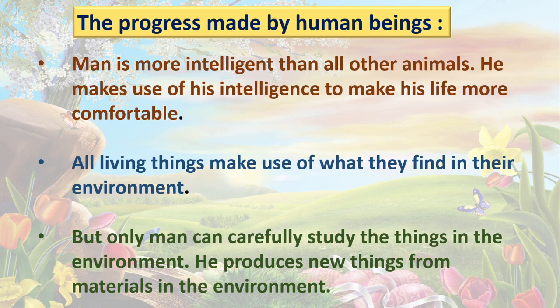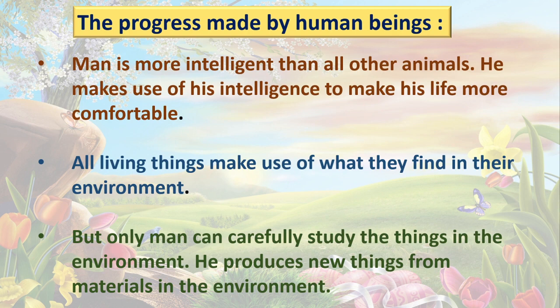But here the man, the intelligent animal, what he makes? He collects the fruits and he converts that into the juice or the jam, or he makes the milkshakes, salads, etc. This is a simple example I told you, right? Like that.